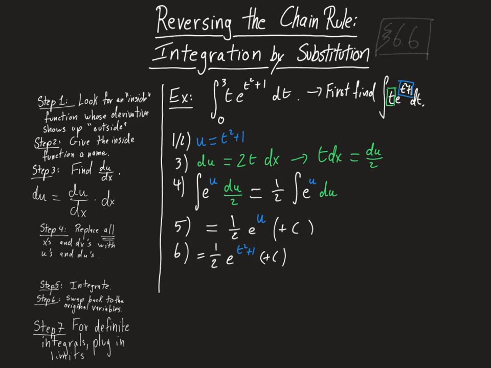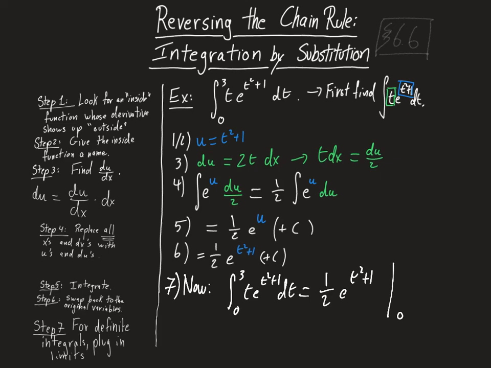Our last step is to go back to the original definite integration problem and to punch in the limits. So now we see that the integral from 0 to 3 of t e to the t squared plus 1 dt is going to be equal to 1/2 e to the t squared plus 1, and we're going to be plugging in the two limits of integration from 0 to 3.